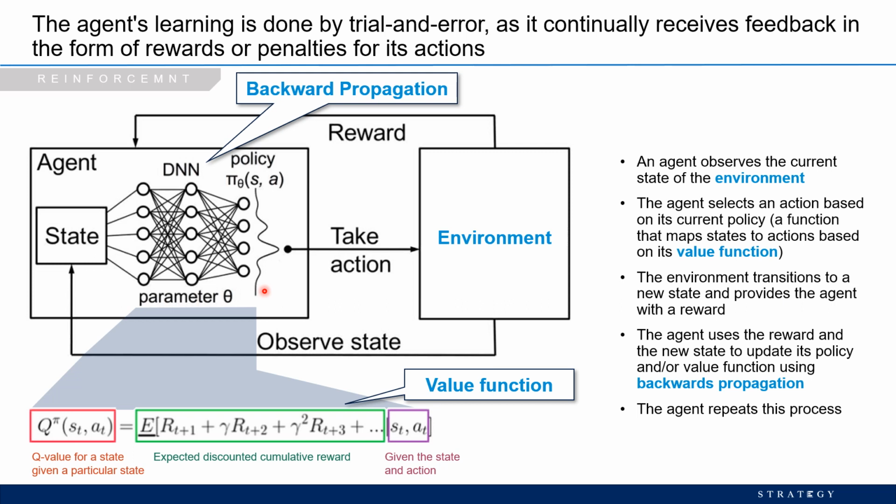It might experiment with jumping over the Goomba or jumping on top of it, and when it jumps over the Goomba and lands on it, it noticed that its score goes up. So now it's going to be incentivized to jump on the Goomba. And so as the agent goes through more and more iterations, it then determines a complex policy that helps it learn how to navigate an environment.